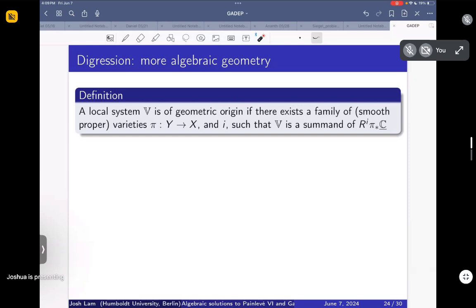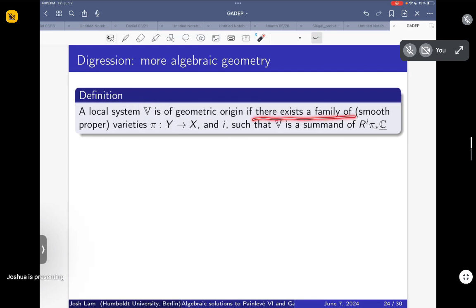Okay, so let me digress into some more algebraic geometry, because this is how we prove the theorem. Again, I have a local system. A priori, it's a local system on an algebraic variety, and a priori it's just something topological. So we say it's of geometric origin if it comes from a family of algebraic varieties.